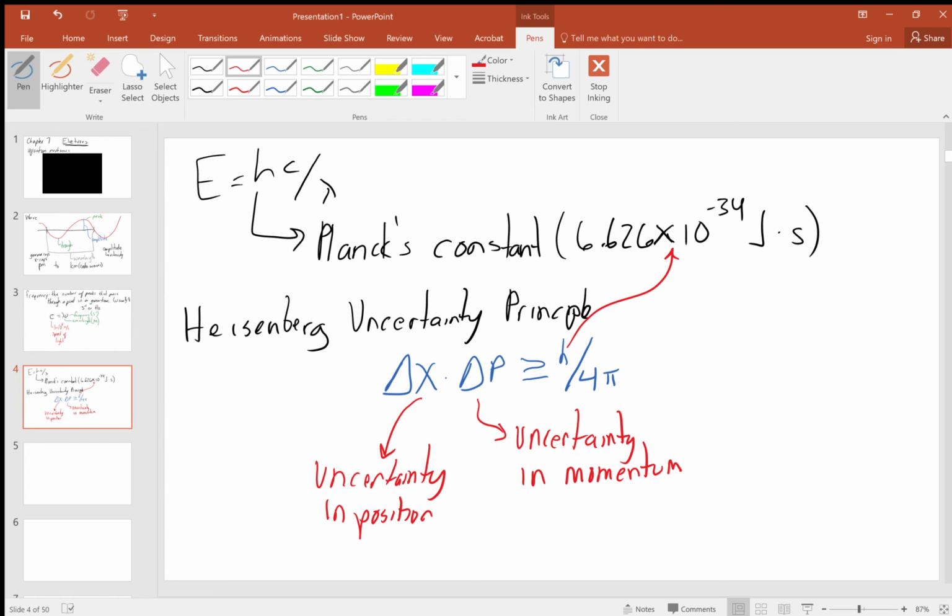So why does this matter? Well, it matters when we're dealing with electrons. For an electron, this delta x can be the size of the entire atom.